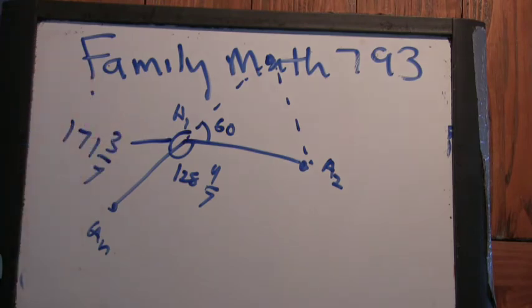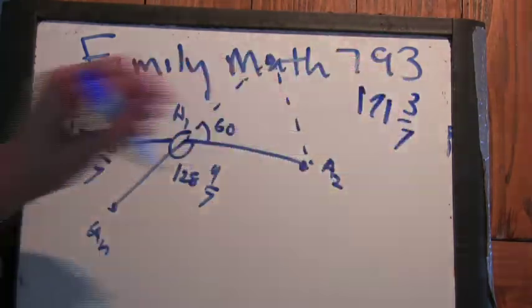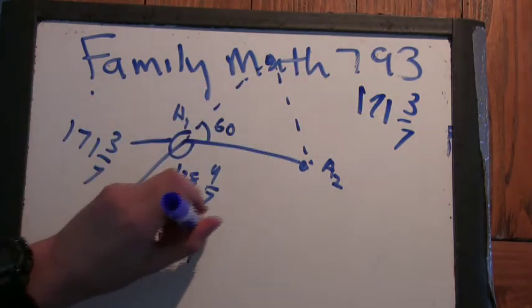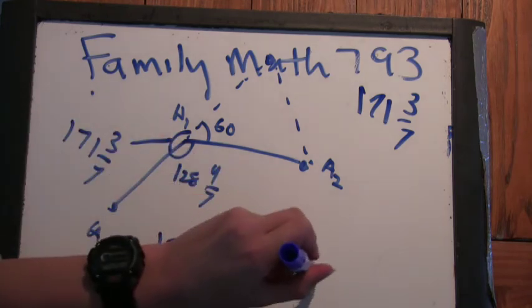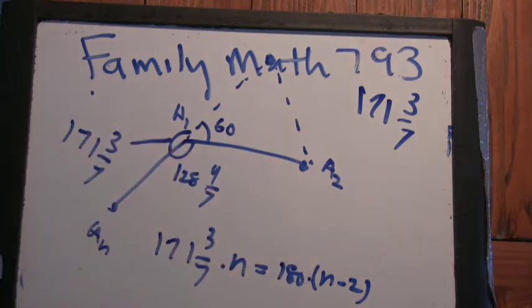And then 171 and 3/7 times n equals 180 times n minus 2. You labeled your angles backwards.